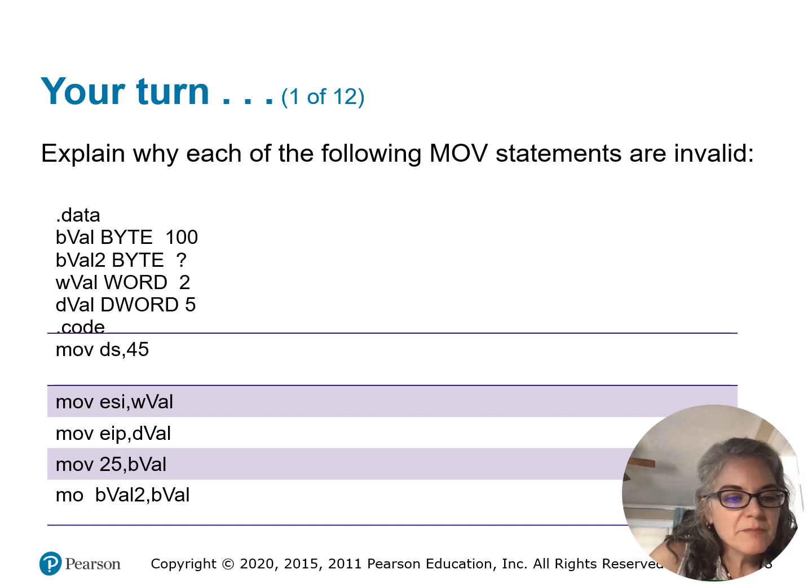Here we have memory. So bval and bval2 are both memory locations, and we're not able to move memory to memory. We can only move memory to register, or register to memory, or we can move an immediate value into memory or into a register. Okay?